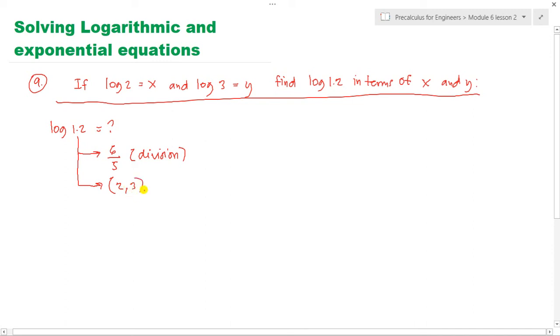So unsa man, let's say 12, di ba? Or I mean ang 12 or 1.2 unsa man kaha. So di ba ang 1.2 kung na whole number pa na siya, equivalent na siya sa 12, di ba? And then ang probable nga factor sa 12 is 2 times 2 times 3, right? Because 2 times 2 is 4 times 3 is 12.